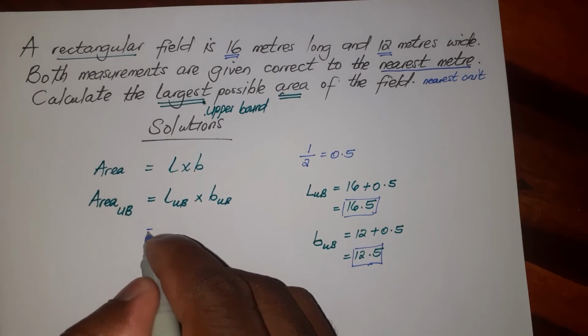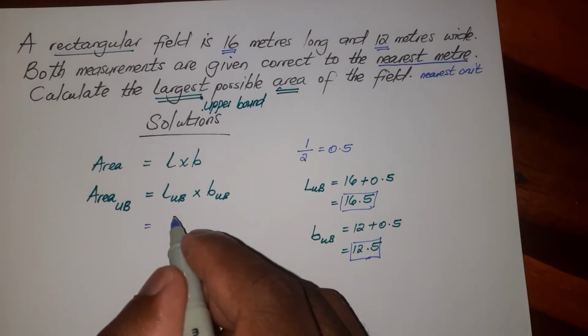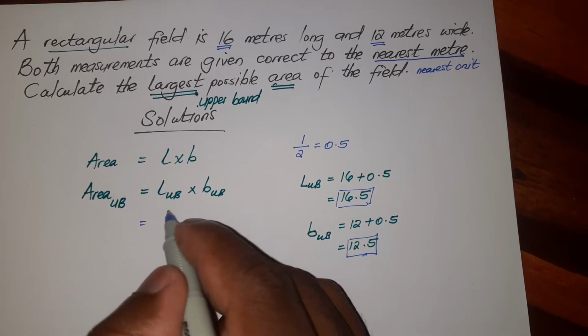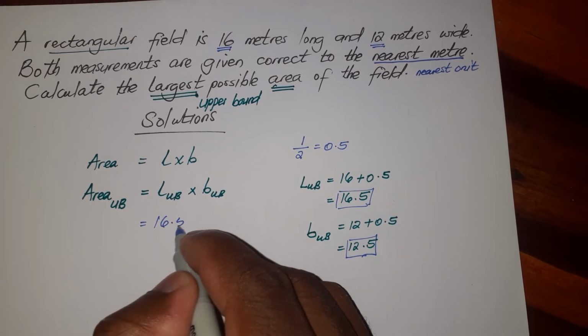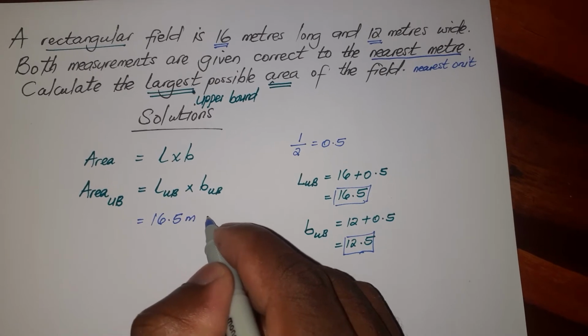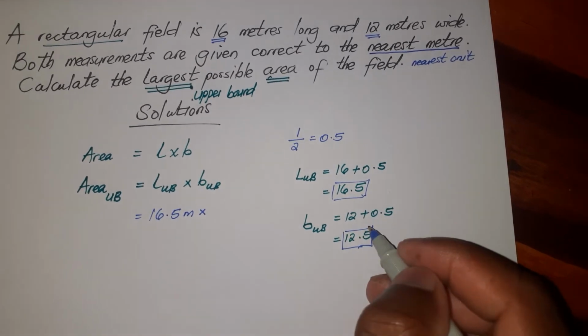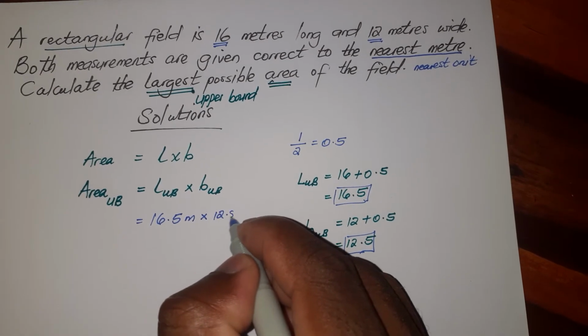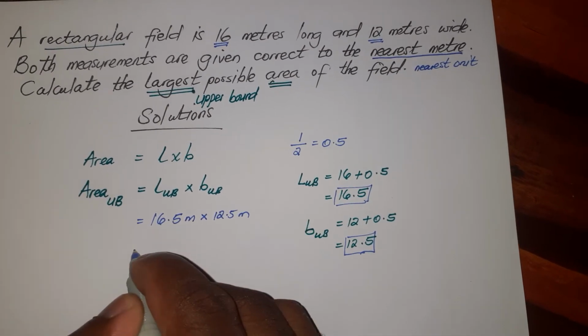We now substitute them in our formula, where we see LUB, meaning the upper bound of the length, we write 16.5 meters times the breadth, which is the upper bound also, 12.5 meters.